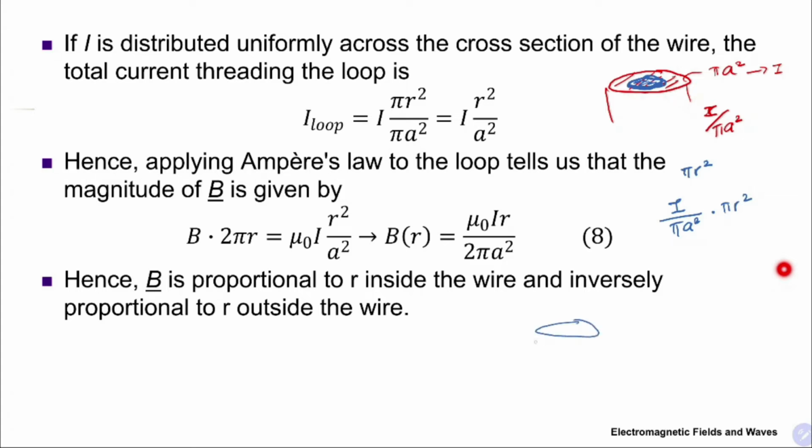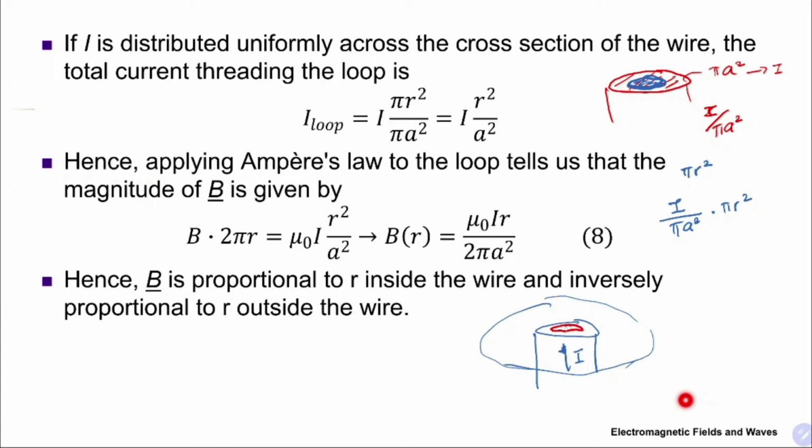If I have my wire and I draw an Ampere's loop outside, the current that passes through this loop is I. If I draw a loop inside the wire, it would not have the overall current I, but only a fraction of that current.